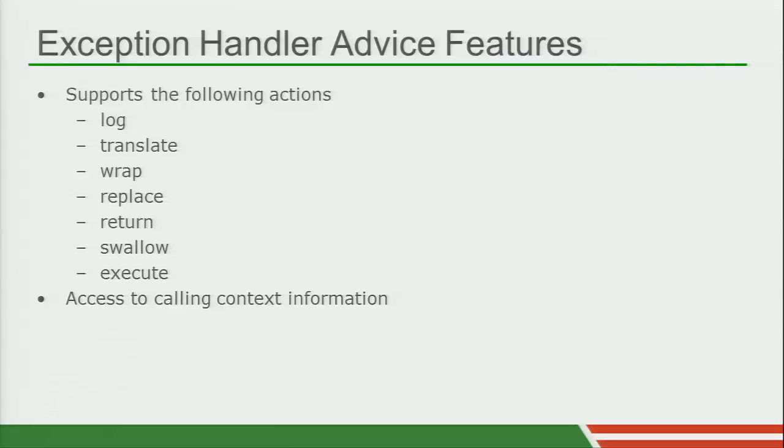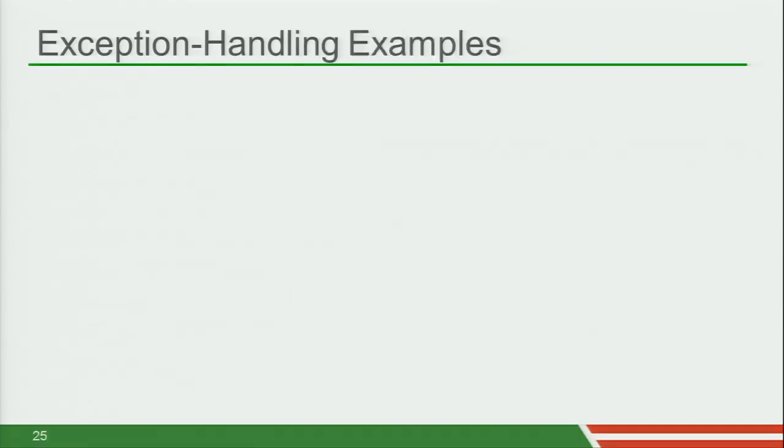So in the context of the exception handler, as well as some of the other advice, you get access to the method, you get access to the arguments and the values of those arguments on the method, you get access to the target of the exception, and you also get, obviously, the originally thrown exception that your advice is responding to, right, or our advice is responding to in the case of the exception handler. So let's look at what some of this might look like.